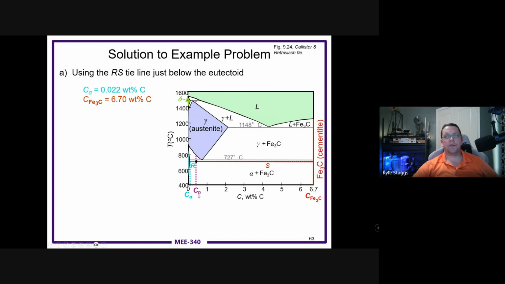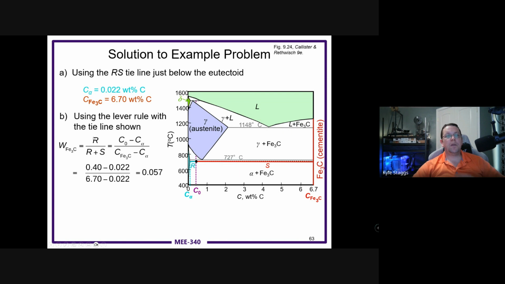So for this eutectoid, we're going to start here at C0, for this hypoeutectoid point. We want to understand what those tie lines look like. Our R is going to be the difference between C0 and C alpha.